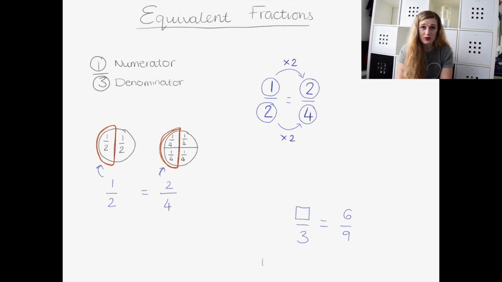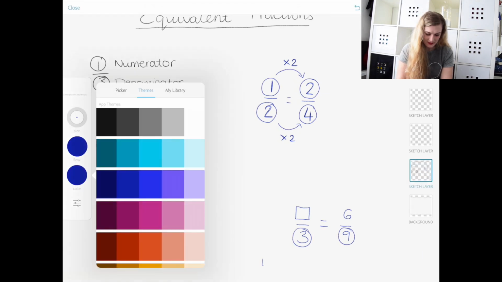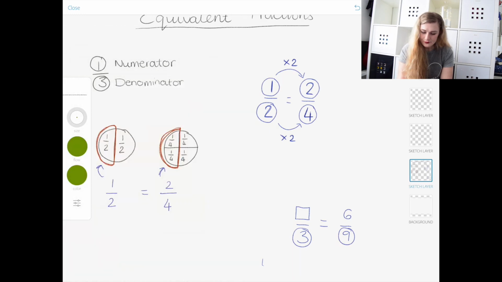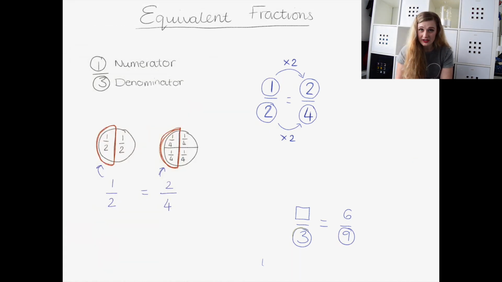So I'm going to look at the one that has got both. That is our denominator. I have got a 3 and I've got a 9. Now I'm going to switch to another colour for this one because I think it might make things a little bit easier to see. Let's go for a green. So I've got my 3 and I've got my 9.